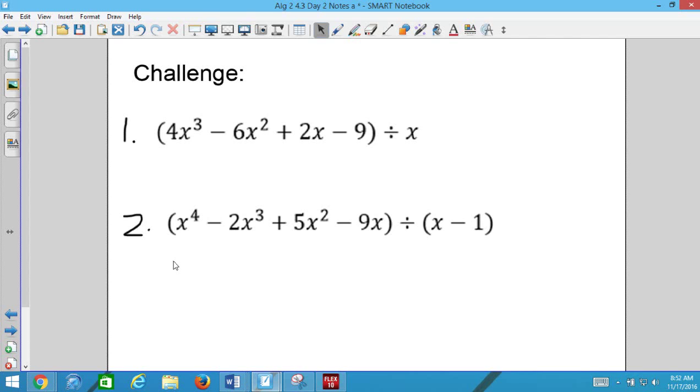So these are challenges because, like, the first one, I don't think any of your homework questions look like the first one. So if you don't get the first one, I'm not worried about it. The second one, homework might look like, you are closer.